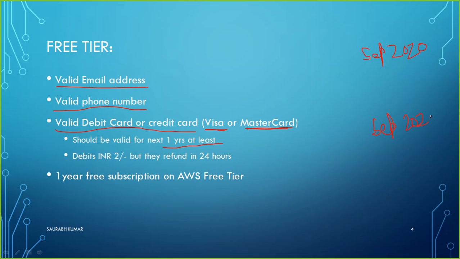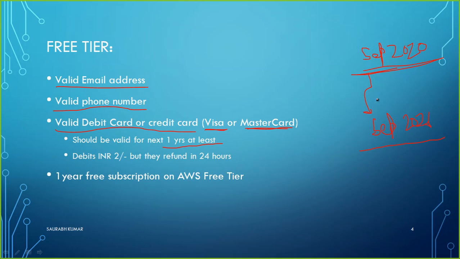I am telling you this as a minimum, because the free tier service you are going to get is for 1 year. So from the date you are signing up, up to 1 year, whatever date that comes, up to that day your card must be valid.